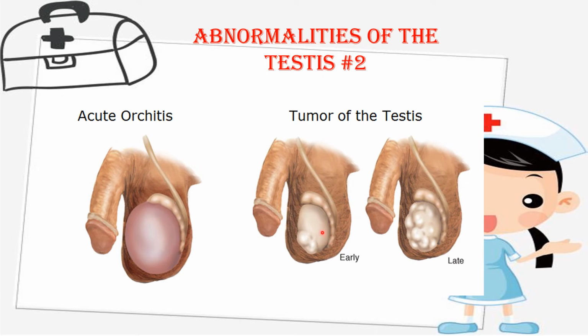As a testicular neoplasm grows and spreads, it may seem to replace the entire organ. The testicle characteristically feels heavier than normal. This is the presentation of an early tumor of the testes and the late presentation of the tumor of the testes.